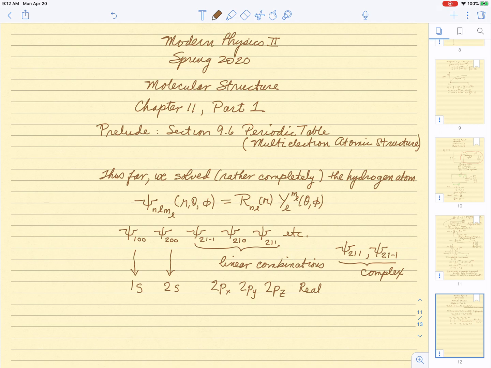Now these solutions are going to be used as a basis set for multi-electron atoms.